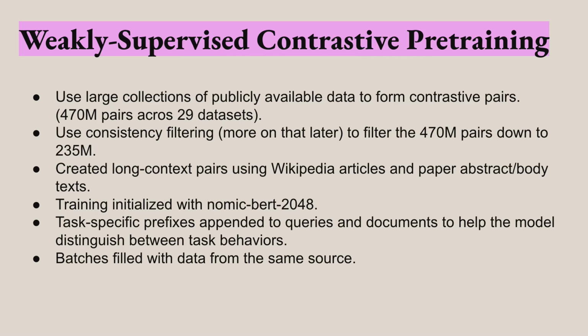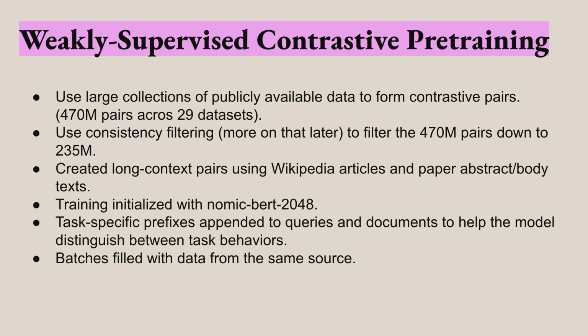So that's stage 1. Stage 2 is weakly supervised contrastive pre-training, and the weakly supervised part is that they're using large collections of publicly available data to form these contrastive pairs. They start out with 470 million pairs across 29 data sets, and these are all sorts of different pairs of data that you can find across the internet, and we'll look at some details in a second.